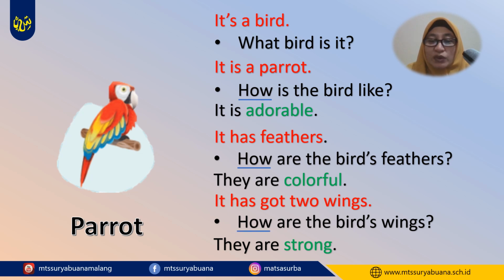These questions are asking about the quality, and the answer is usually an adjective. How is the bird like? It's adorable. How are the bird's feathers? They are colorful. And then what about the wing? How are the bird's wings? They are strong.